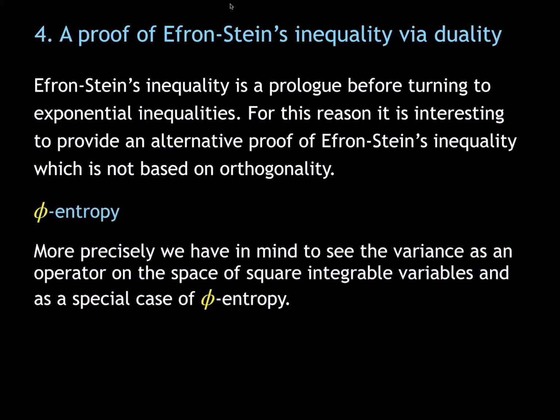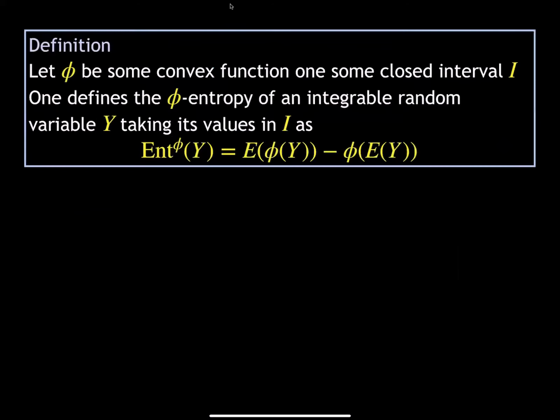This one? Yes. Okay. So we shall look at the variance as a functional on the space of square integrable variables. And we shall interpret it as a phi entropy quantity. And I want now to define what a phi entropy is.